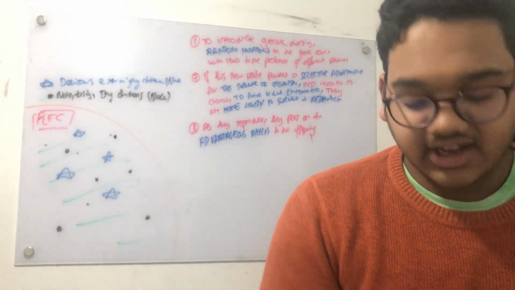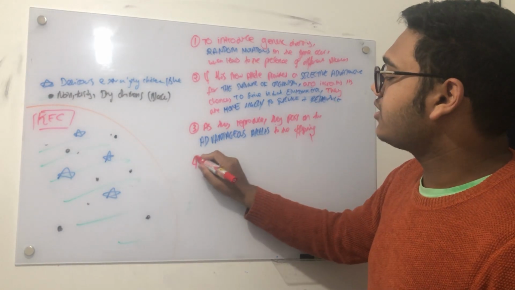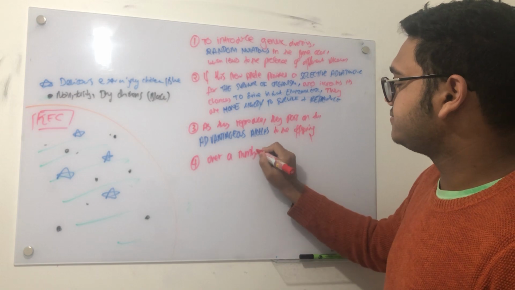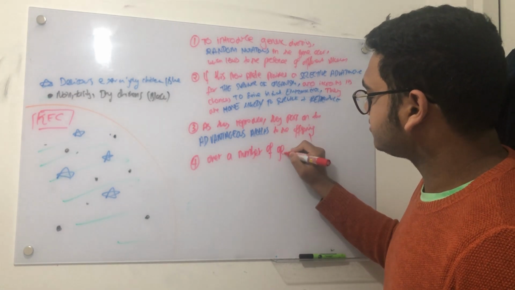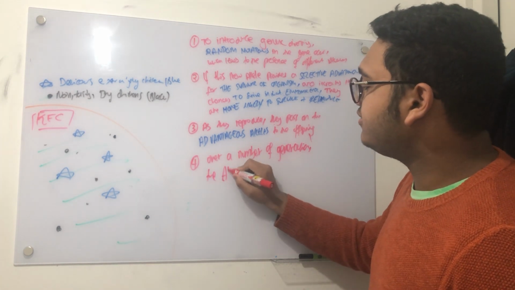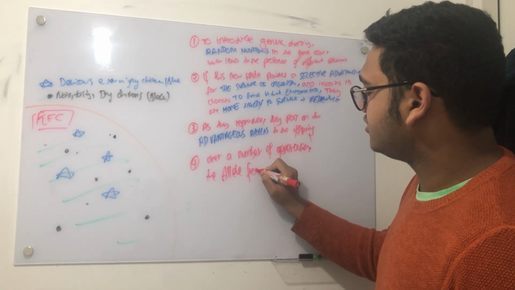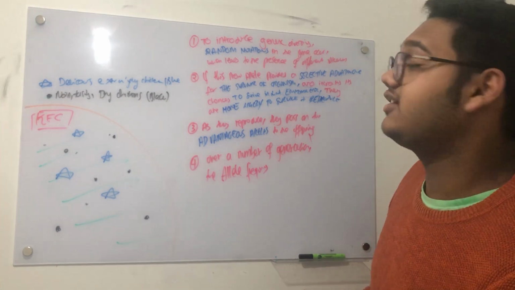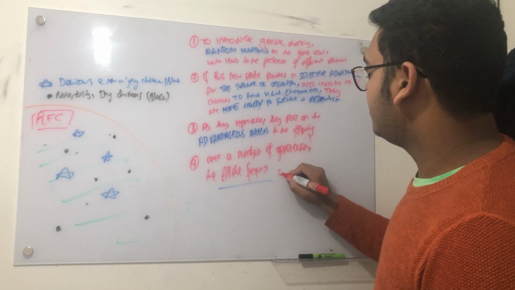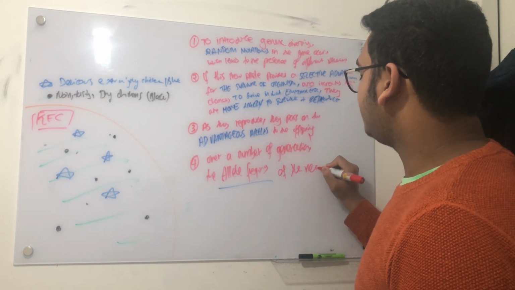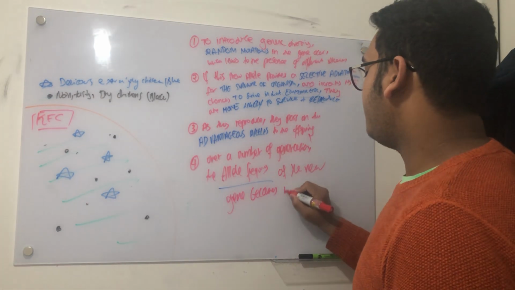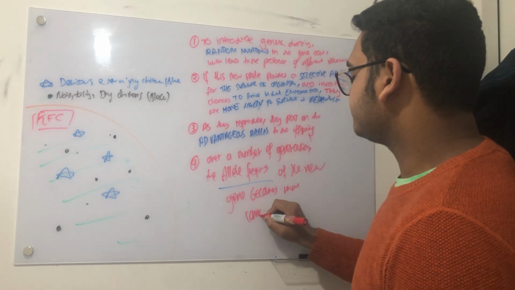The last thing is just a little concluding statement. Over a number of generations, the allele frequency of the new gene becomes more common or frequent.